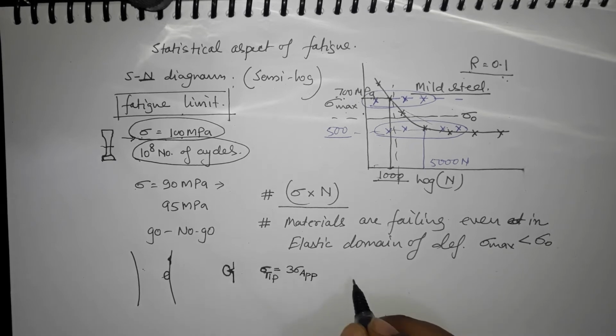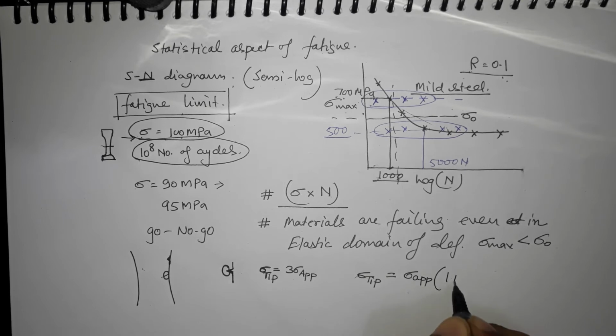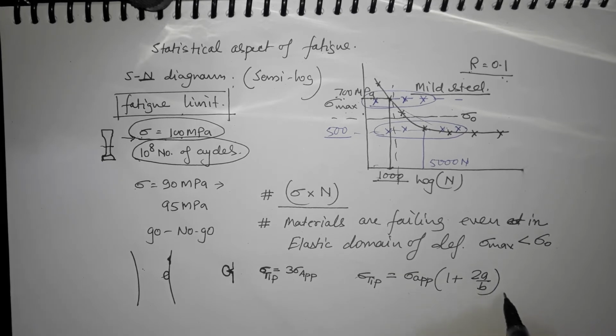If you remember that equation, sigma at the tip is usually sigma applied times 1 plus 2a by b, where a is the minor axis and b is the major axis. So for the circular case, a will be equal to b, so it will become 2 plus 1, equal to 3. So you will have 3 times the applied stress felt at the tip of that circular hole.